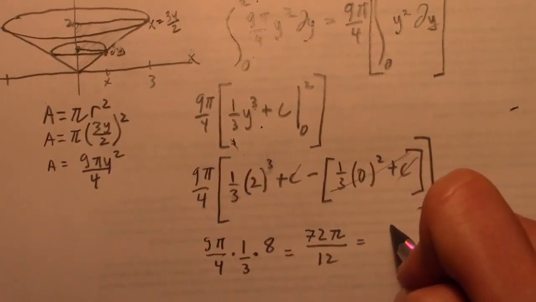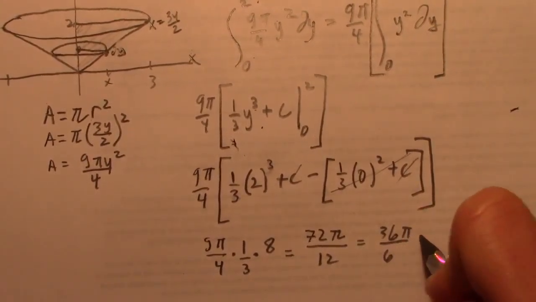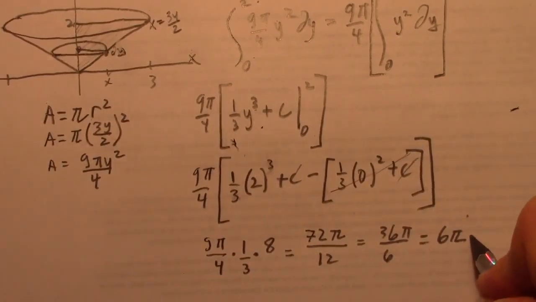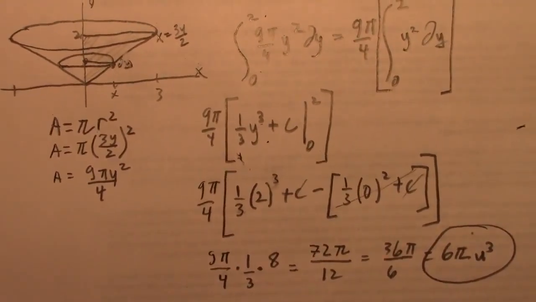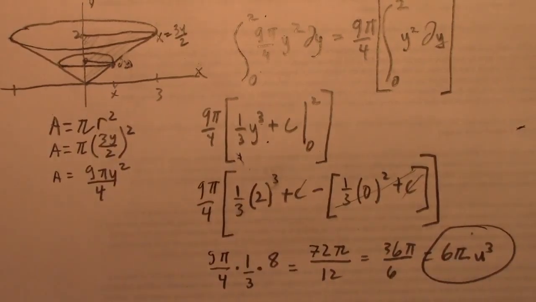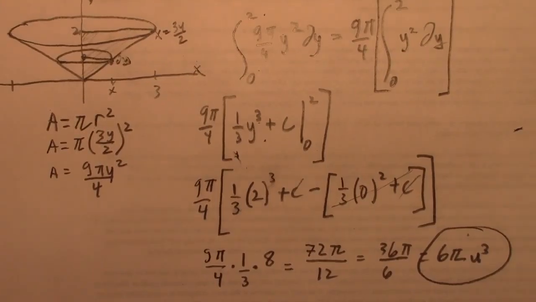Which, 72 over 12, that's 36 over 6 pi, therefore, it's 6 pi. Volume, units cubed. So the volume of that revolution is 6 pi units cubed. Boom, page 1. Let's go to page 2.